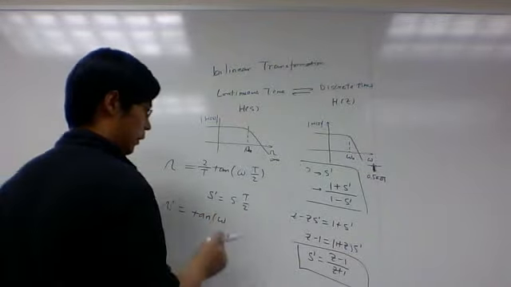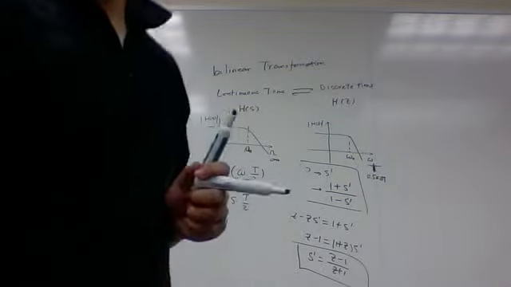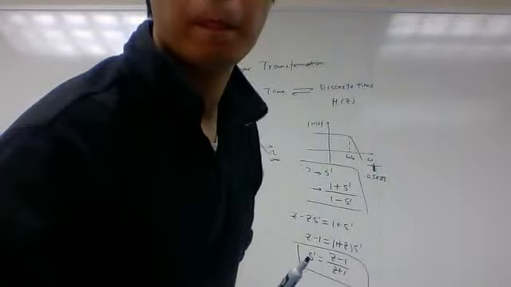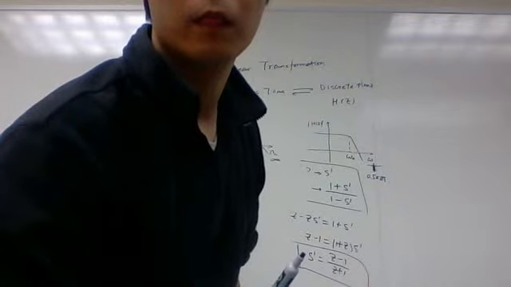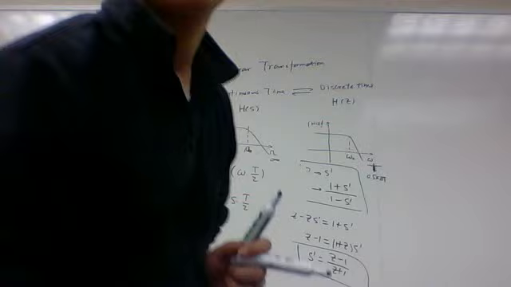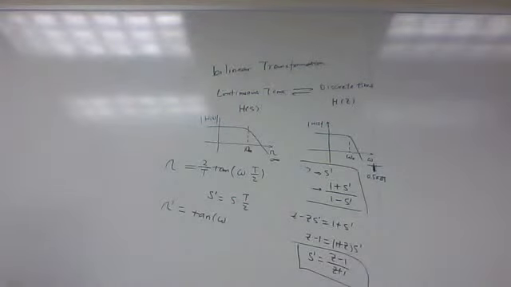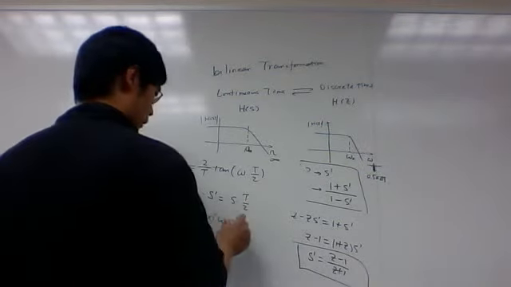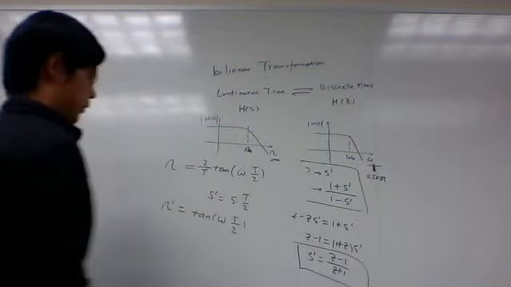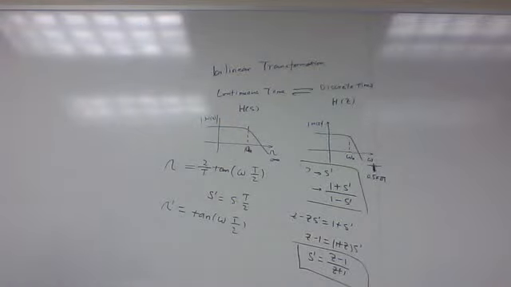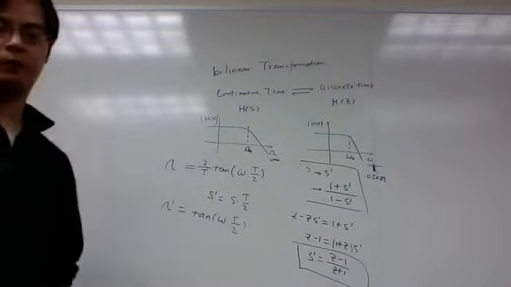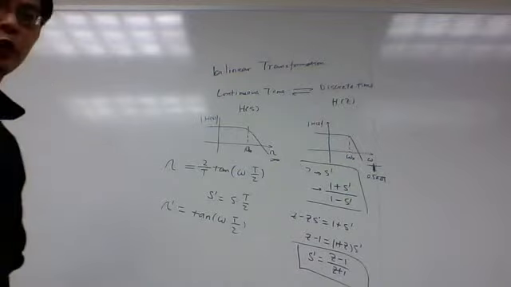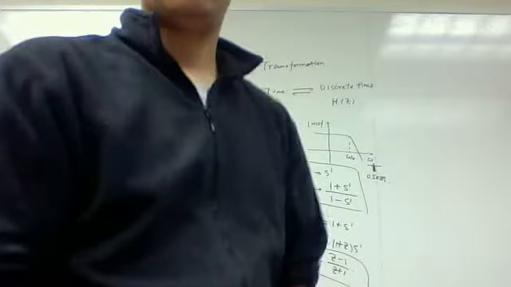This one also, the half of T is there. Okay, so basically we multiply everything by T over 2. Okay, so let's take an example.